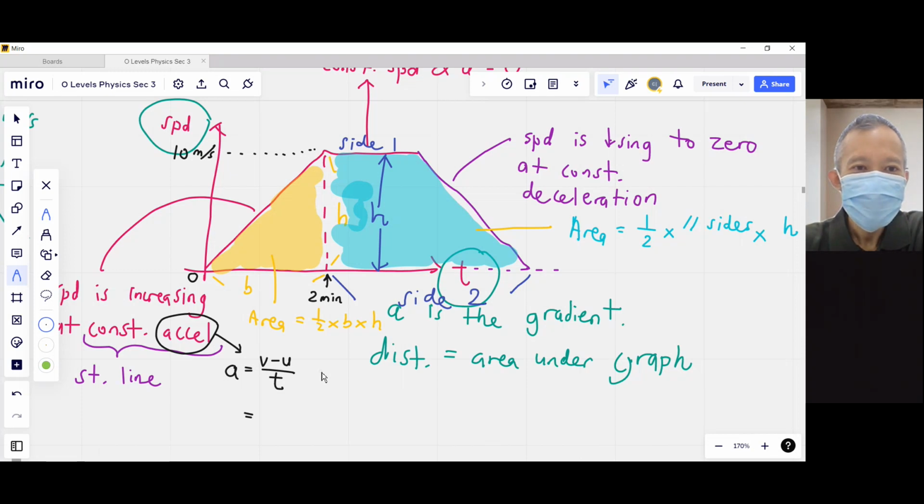Devon, got it? What's your answer, Devon? 0.083. Okay, fine. Fujin, make sure you get 0.083. I'll write it out in case you did not manage to figure it out. Make sure your units are correct.